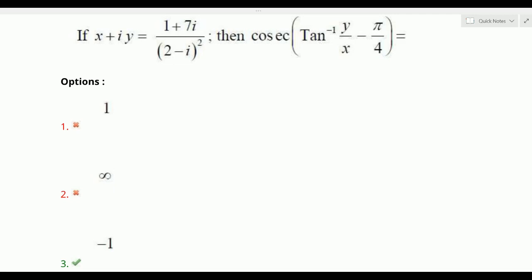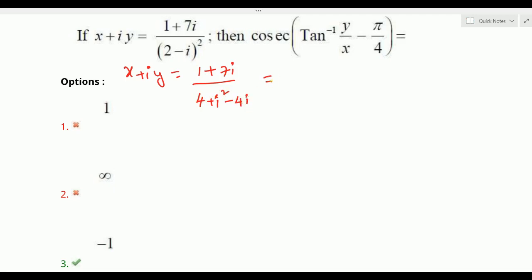Then the value of cosecant of tan inverse y by x minus y by 4 is asked. So we need to find the xy values, and to find them we have to convert this into a plus ib form. LHS, x plus iy, I am writing as it is; RHS numerator 1 plus 7i as it is. The denominator first needs simplification. It is of the form (a minus b) whole square, a square into 4 plus b square into i square minus 2ab into 4i.